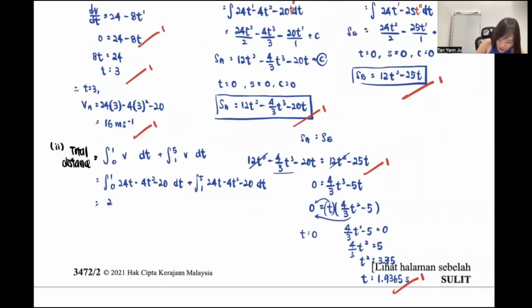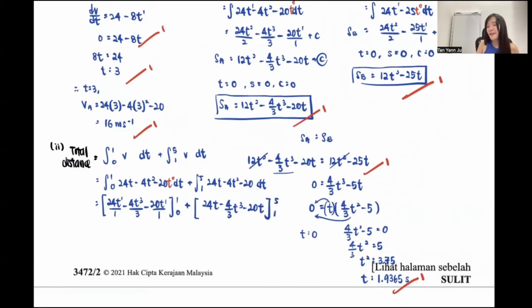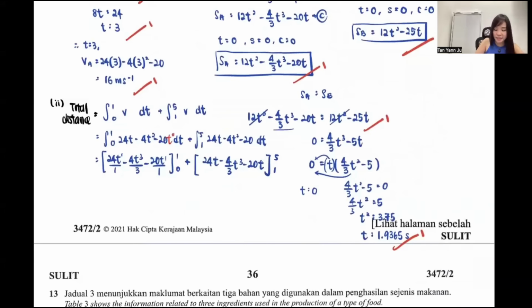Let's start to integrate it. Power plus 1, divide. Power plus 1, divide. Power plus 1, divide. Like that. Then no need to write plus C because you have numbers to substitute, which are the 1 and the 0. So we get 24t minus 4 over 3 t cubed minus 20t. Same as the previous one, substitute 5 and 1. Guys, I repeat again, when substituting you need to write the working.